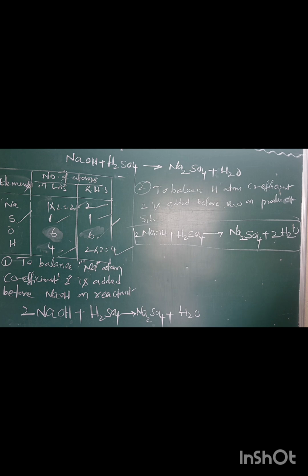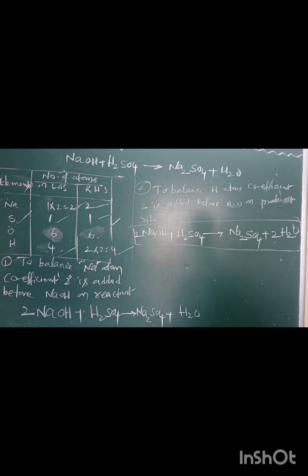Like that. Now I am taking one more example here. Okay, a balanced chemical equation means the equation in which the number of atoms of various elements on the reactant and the product side must be equal.